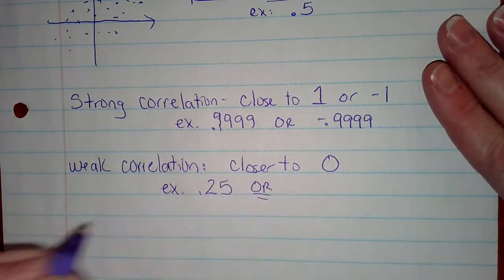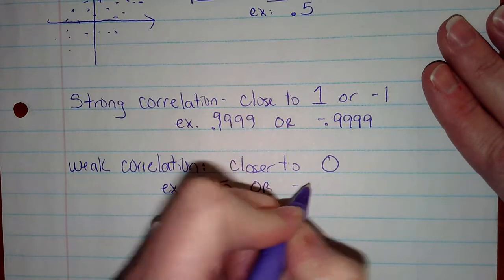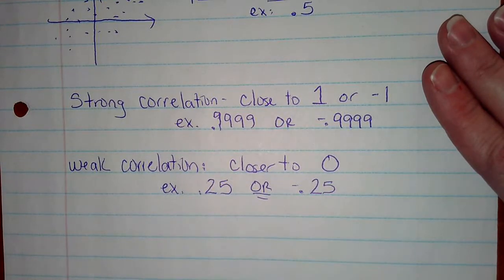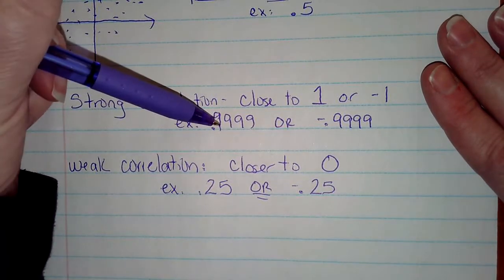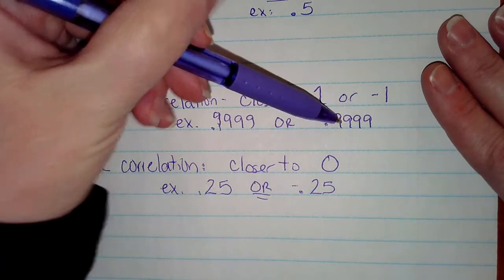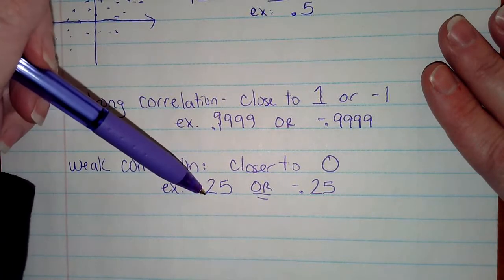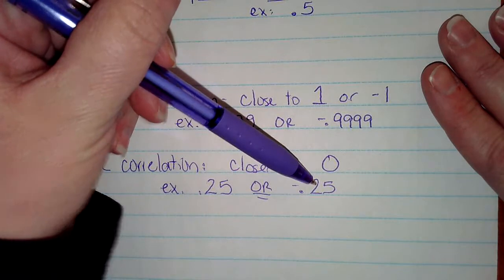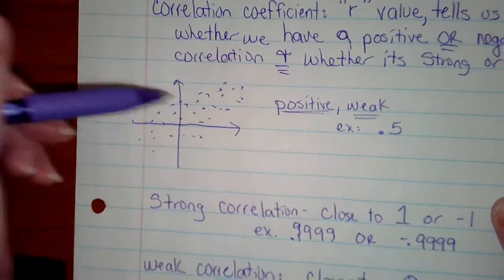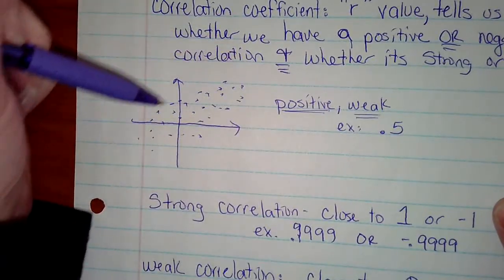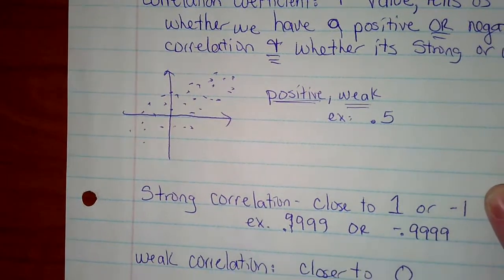Or if I had a correlation of negative 0.25, that would be a weak correlation as well. This is a positive strong, negative strong, positive weak, negative weak. This is weak because the points are a little bit more spread out and I couldn't draw an actual trend line.